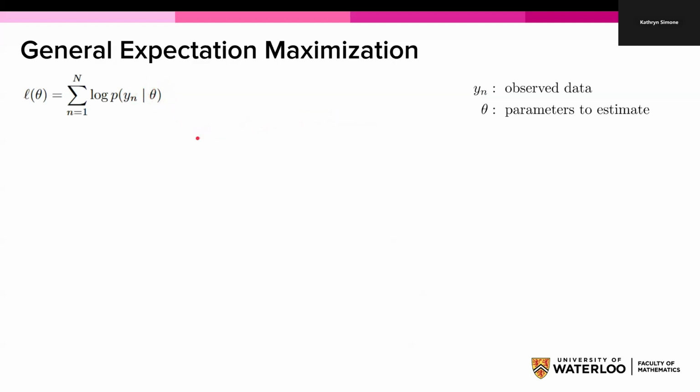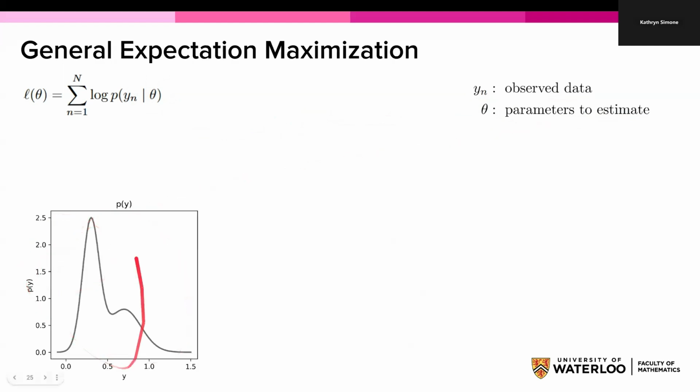So yn is going to be our observed data, and theta is the set of parameters we're trying to estimate. And so this is the heart of the problem. We're estimating the parameters that make the observed data most likely according to our model.